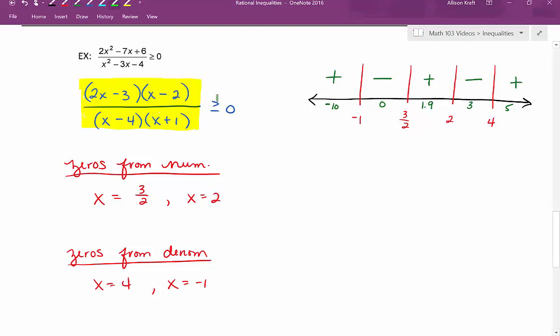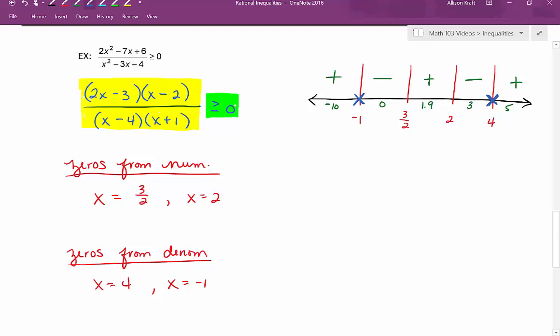Now we turn our attention to our inequality symbol. Oh, I just remembered I did not X out my zeros from the denominator like I like to do. So I'm going to X out the zeros from my denominator to remind myself that I cannot include those zeros no matter what the inequality symbol says.